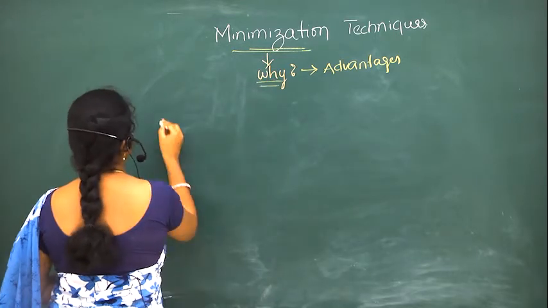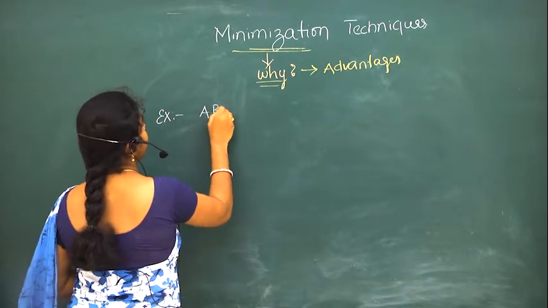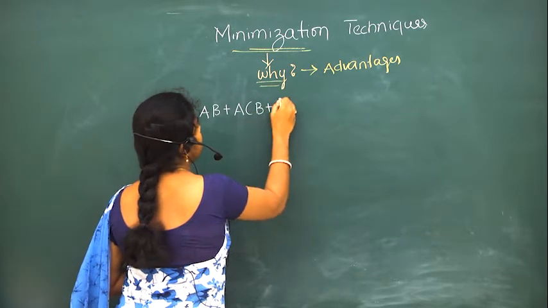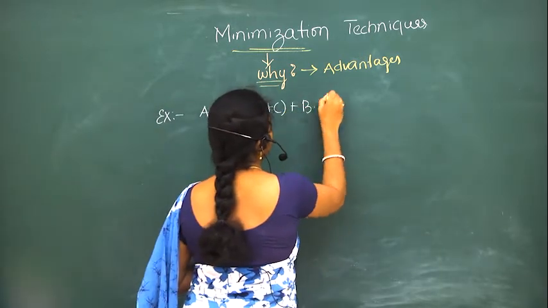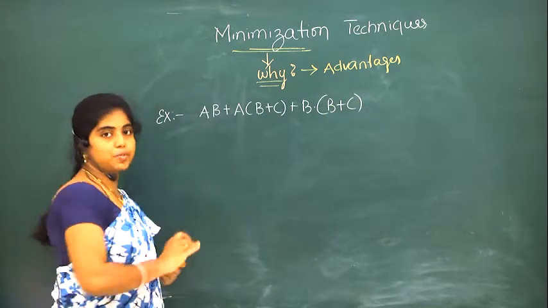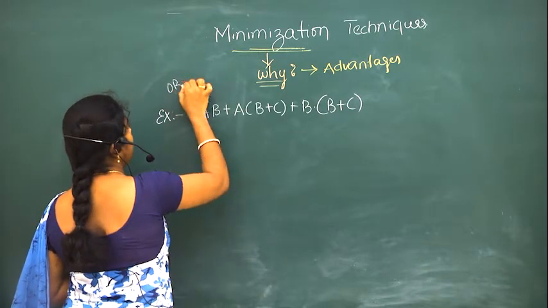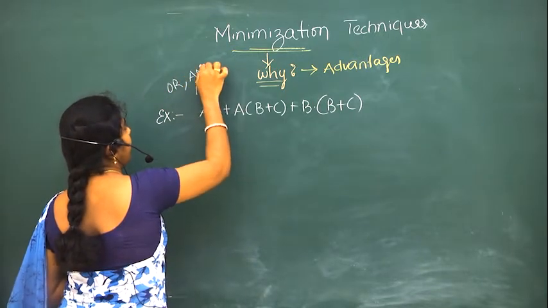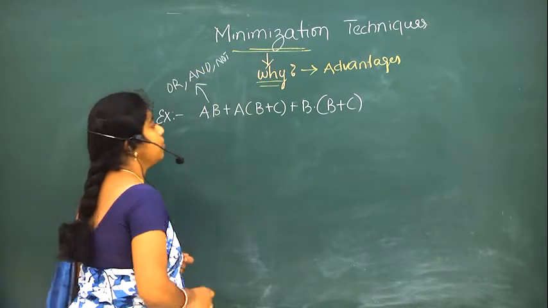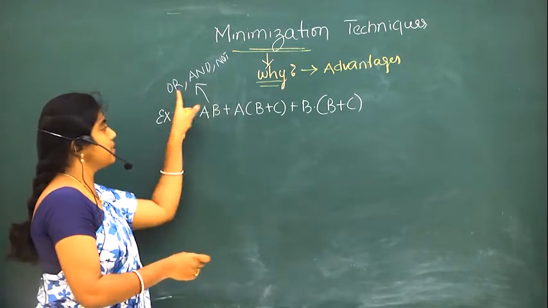Let's take an expression example as AB plus A dot B plus C plus B into B plus C. For implementing this expression with basic logic gates, nothing but OR, AND and NOT, we need to implement this expression by using these basic gates.